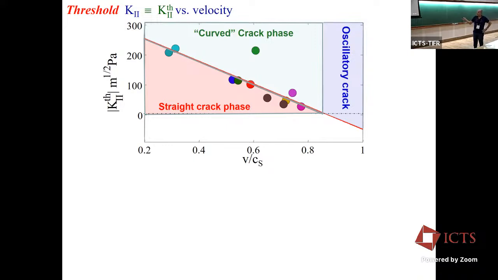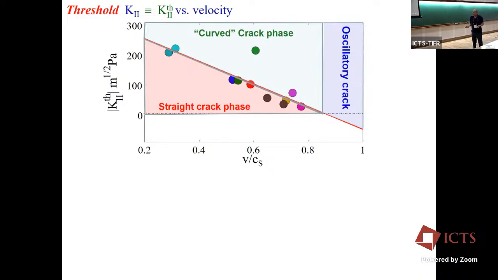So it's telling us that underneath this line is the threshold for K2 that we measured when a crack bifurcated, at 0.4 of the Rayleigh wave speed up to nearly 0.9 of the Rayleigh wave speed. And this noise also all of a sudden became data.